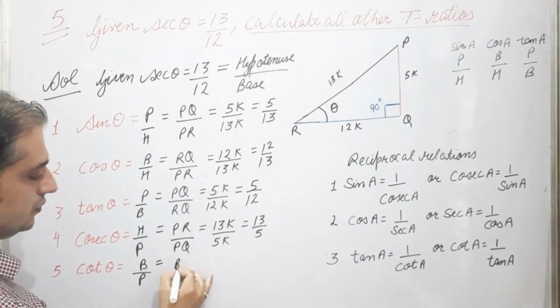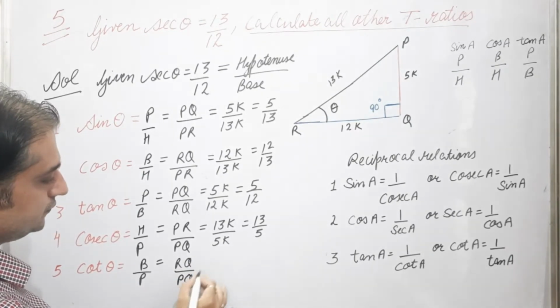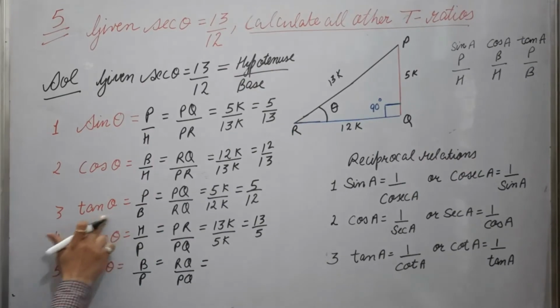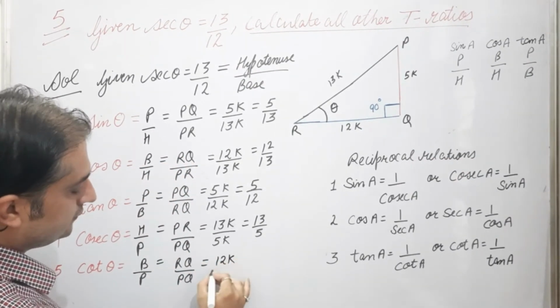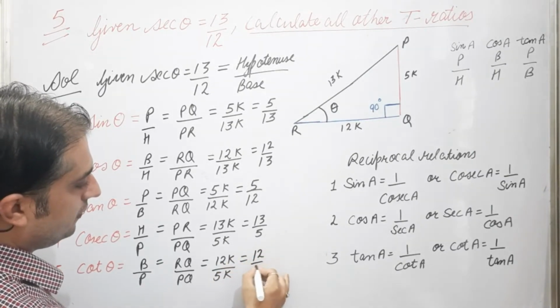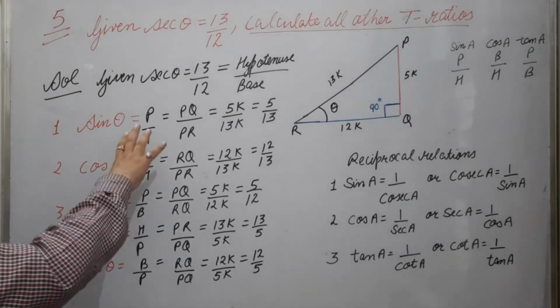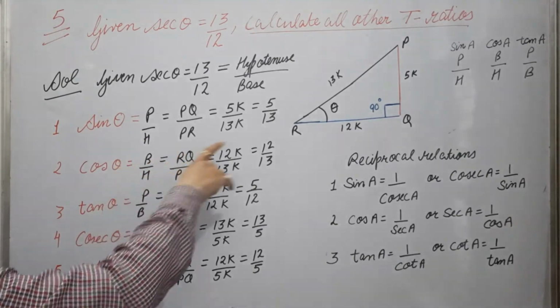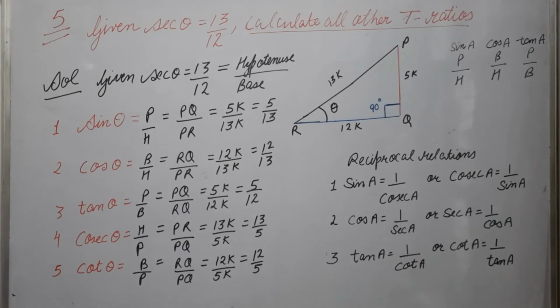So base is RQ upon perpendicular PQ, that is 12K upon 5K. So cancel out, it is 12 upon 5. So these are the remaining T ratios for angle theta, that is the acute angle of a right angle triangle. So this is question number 5. Let's move to question number 6.